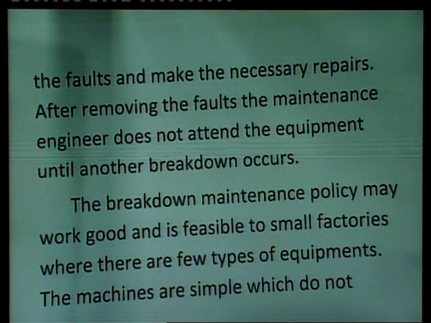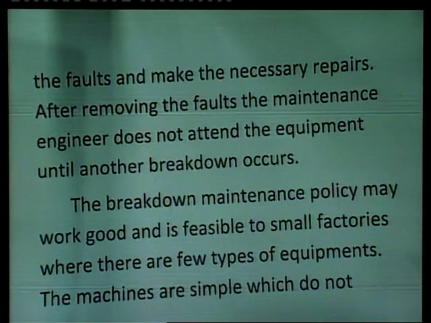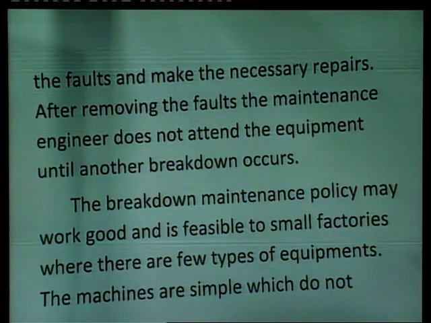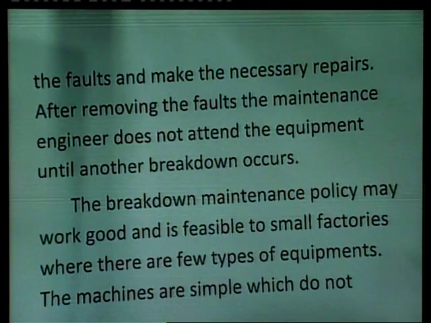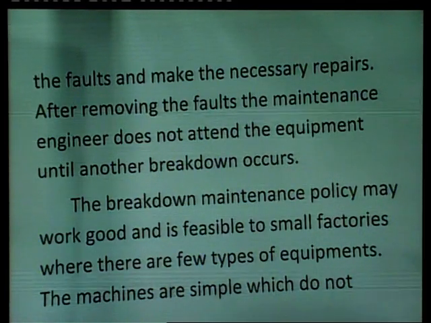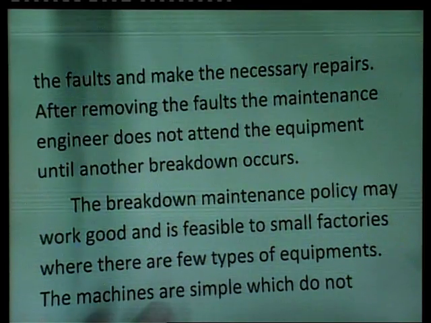The breakdown maintenance policy may work well and is feasible for small factories where there are few types of machines or equipment. The machines are simple, which do not require any specialization, and where sudden failure does not cause any serious financial loss.